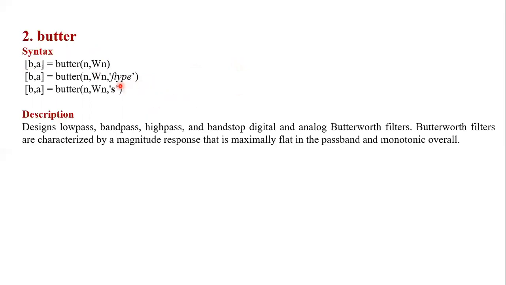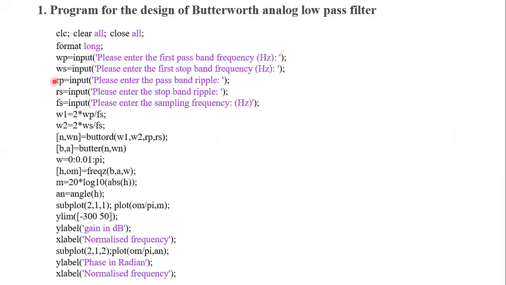If you are using it for the low pass filter, you can write this function directly. And if you are using the high pass, we have to define the type of the filter. Here you write 'high', and if you are using the band stop, you can write 'stop'. So according to that, it will modify the transfer function coefficients.